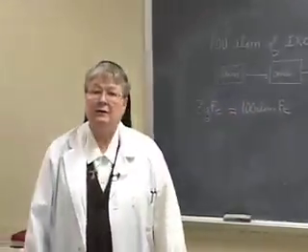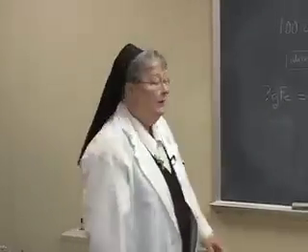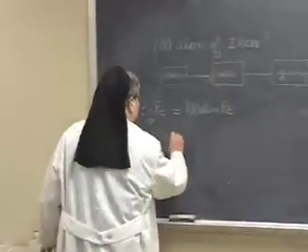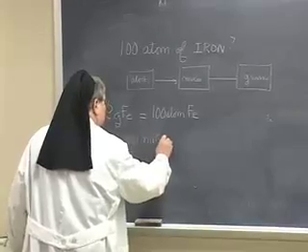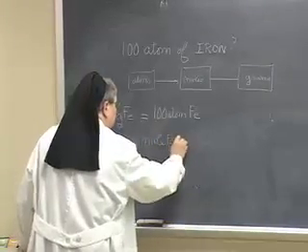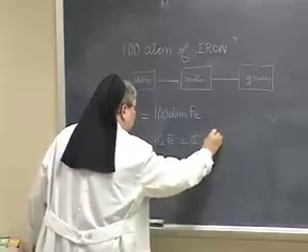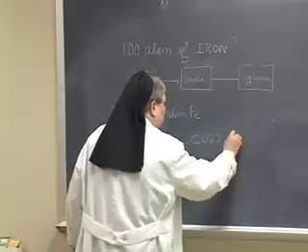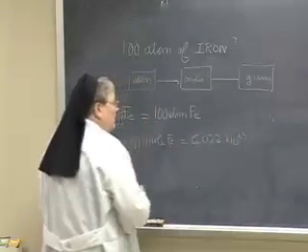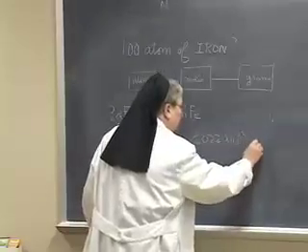What would be the conversion unit between atoms and moles? And we've said it before that 1 mole of iron is equal to 6.022 times 10 to the 23 atoms of iron.